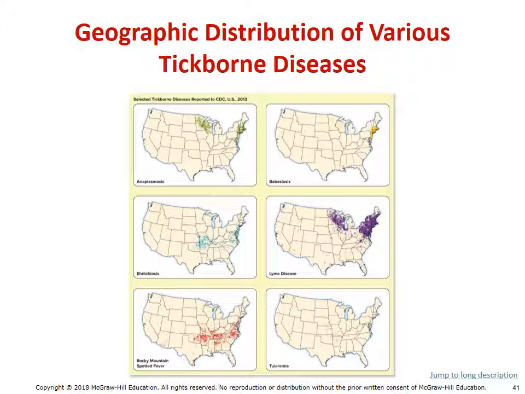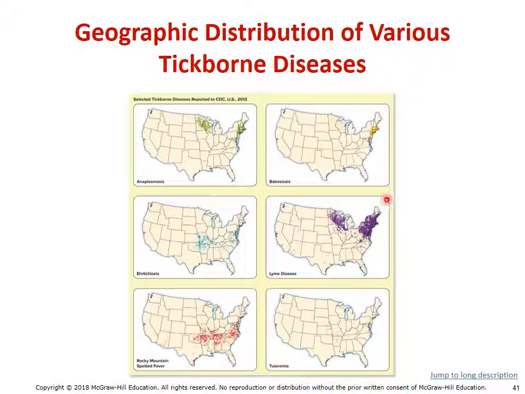So let's show you again some more information on tick-borne disease. Notice this is a distribution of different types of tick-borne diseases. Things like anaplasma, again, primarily focused where we see the Ixodes scapularis tick, but can be found here in southern Missouri. We see babesiosis, again, following the tick-borne disease of the black-legged tick, so the deer tick.